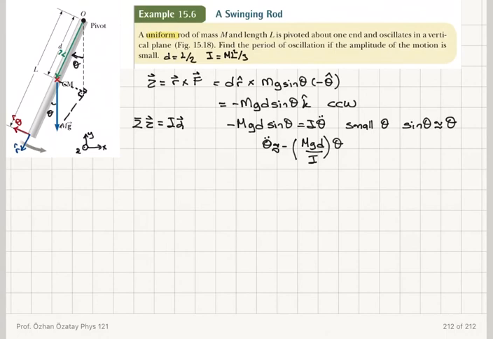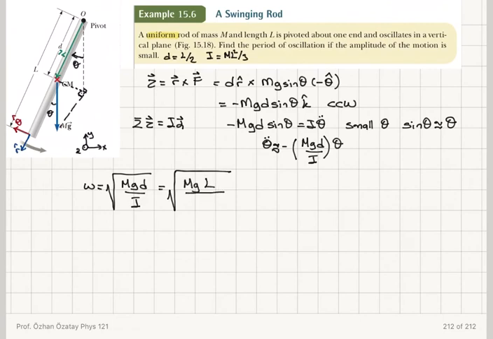So I obtain theta double dot is equal to minus mgd over I theta approximately. So my small angle oscillation angular frequency will be square root of mgd over I.